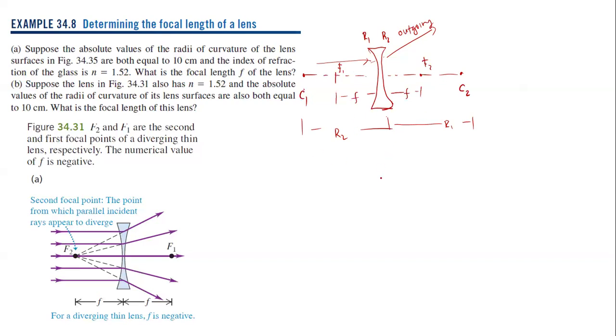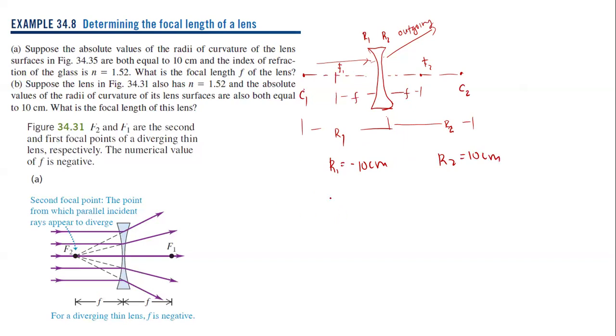So this is now R1 and this is now R2. R1 now here is negative 10 centimeter, and R2 here is on the same side, so this is positive.